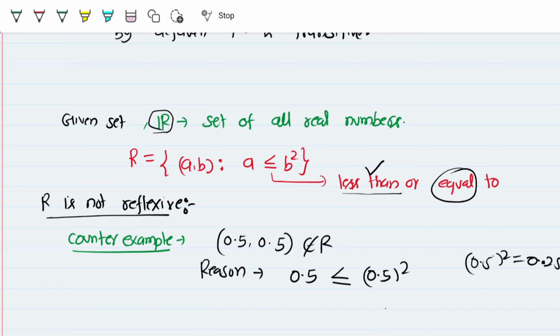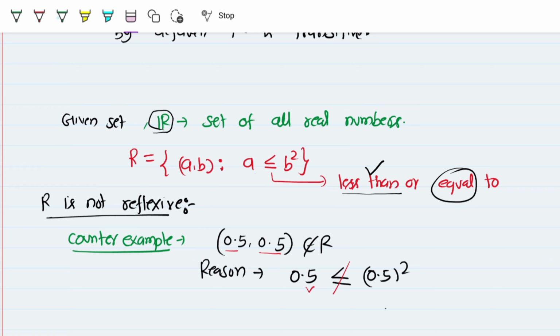Obviously this is not satisfied, because 0.5 is greater than its square value 0.25. That's why it is not reflexive.